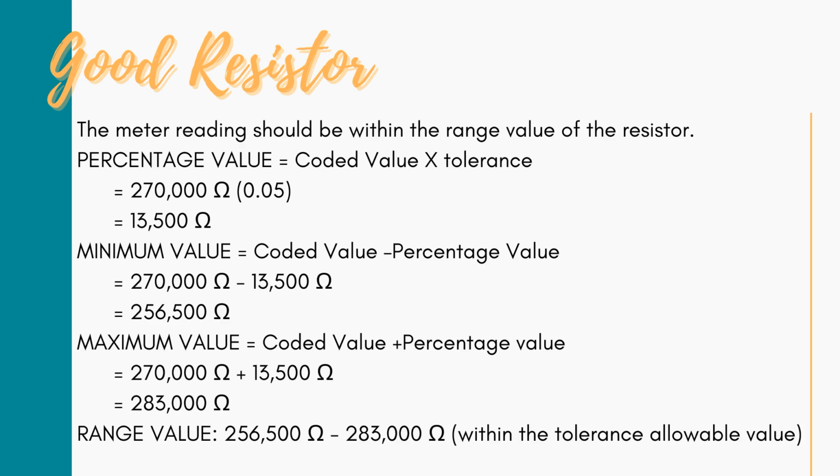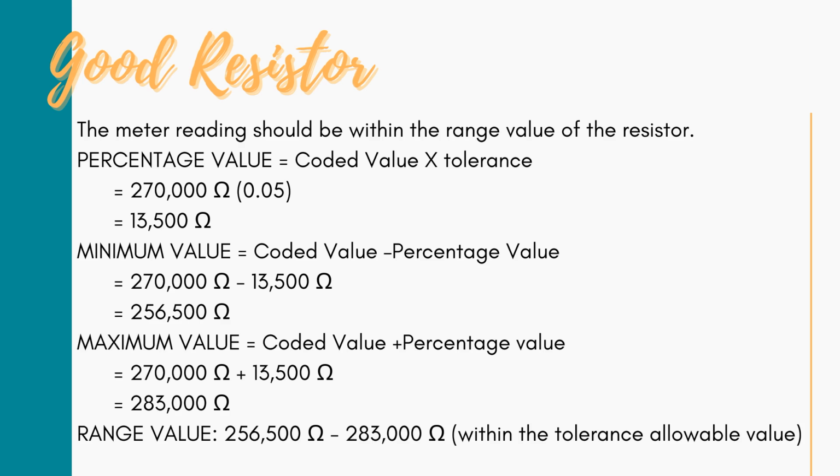Percentage value equals coded value times tolerance equals 270,000 times 0.05 equals 13,500. Minimum value equals coded value minus percentage value equals 270,000 minus 13,500 equals 256,500.